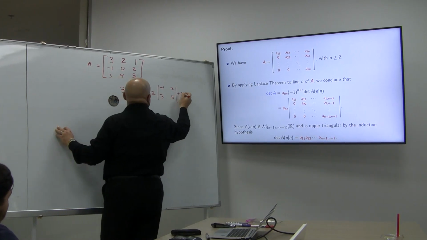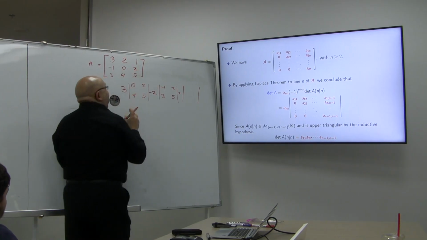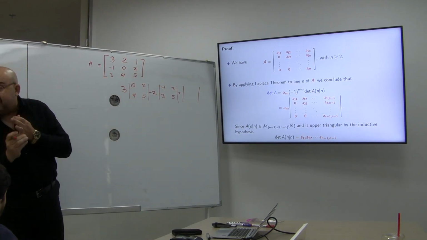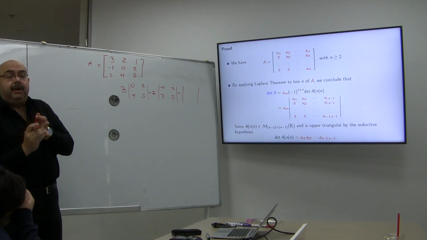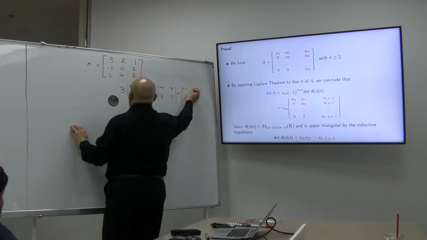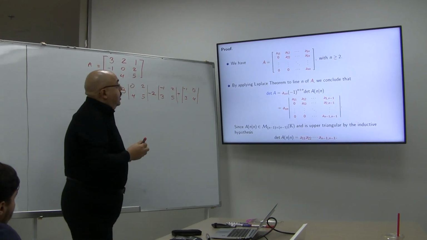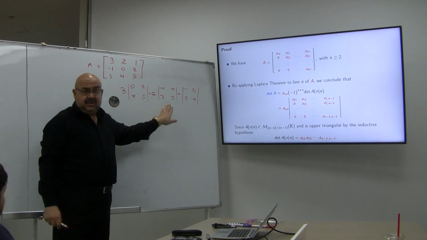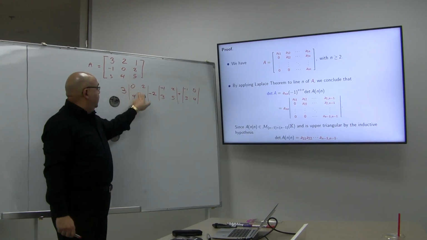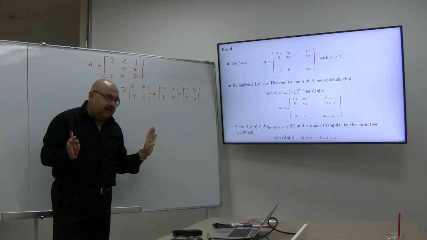Then plus 1 times, the same way, eliminating the row and column, and getting what's called the cofactor, the algebraic complement, which is those 4 numbers: negative 1, 0, 3, and 4. It's really very simple. I will multiply the elements of the principal diagonal minus the elements of the secondary diagonal, and it's done.